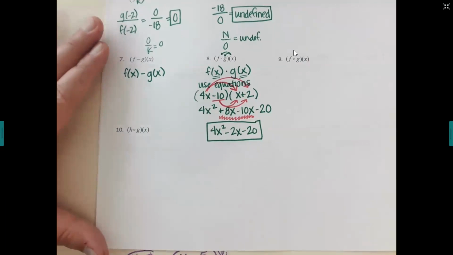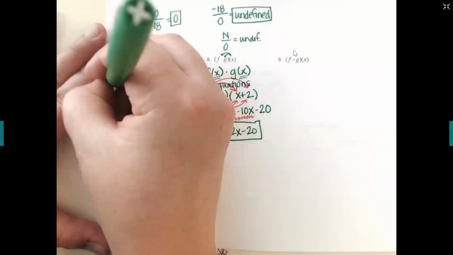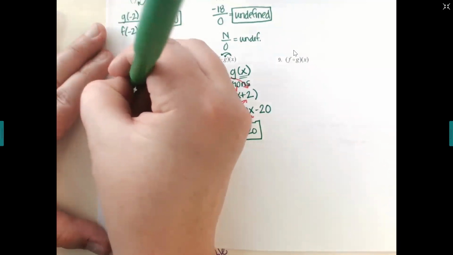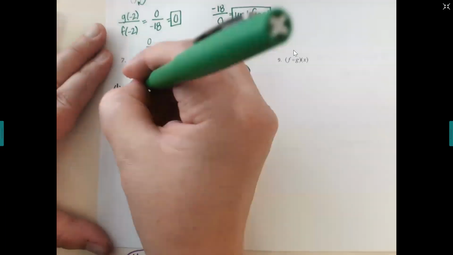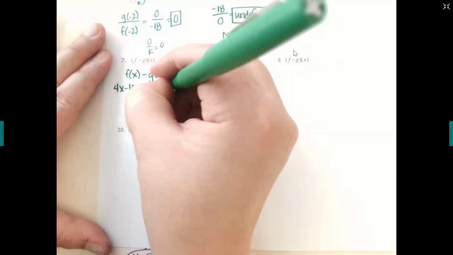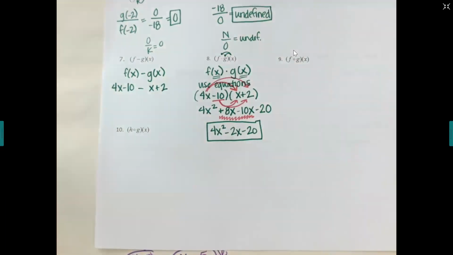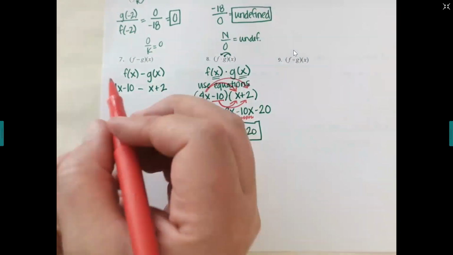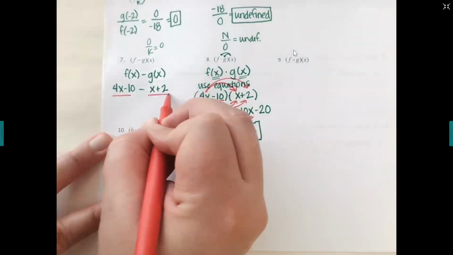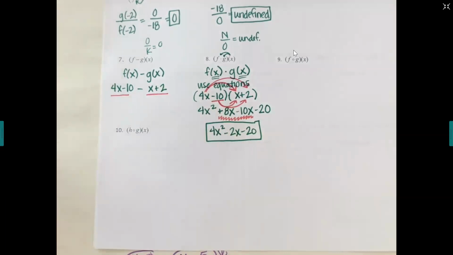F of x minus g of x. Okay, and then f of x is 4x minus 10. And g of x is x plus 2. Right or wrong? Okay, this is f. And this is g. And I put subtraction in the middle. Right or wrong?